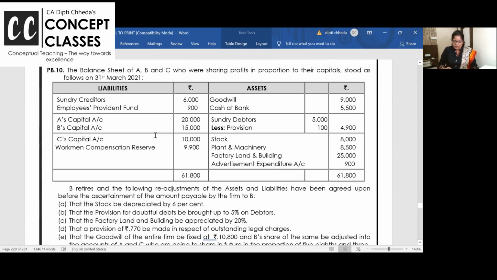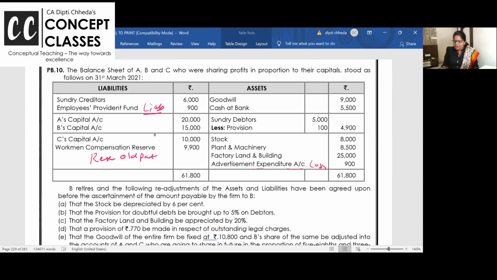10th problem also. Employees Provident Fund is a liability. Workmen's compensation is a reserve. Give it to old partners. Advertisement is a loss. Frankly, if you check, we have done the same problem in admission. The balance sheet is the same, only the admission and retirement part is different.